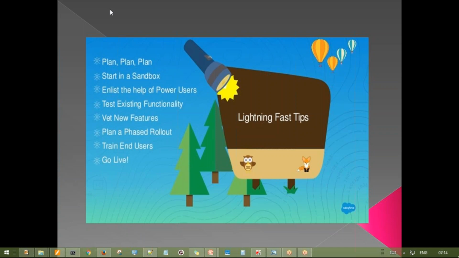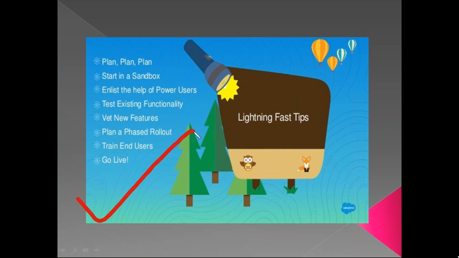So a question may come to your mind: Shekhar, do you mean that whatever we do in Lightning will affect only one or two departments, and all the remaining people in the company will still have the usual Classic experience? Yes, that is right, and this is one of the very important factors in a successful rollout.